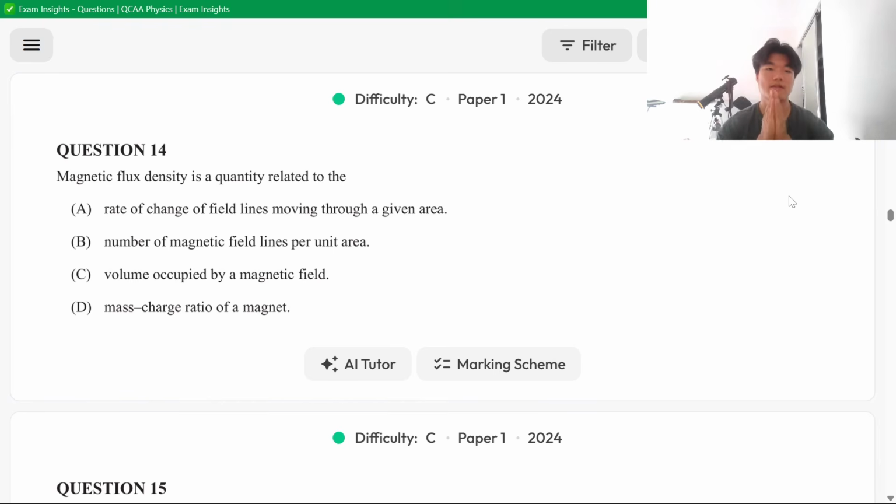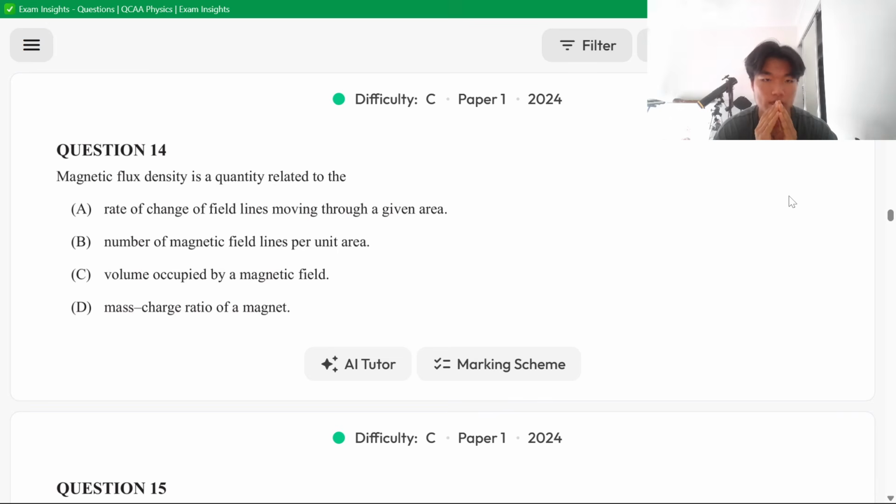Magnetic flux density. It's B, the capital B. That's the symbol. Magnetic flux density is synonymous with magnetic field strength, right? So you might have heard those terms before. Hopefully you have.